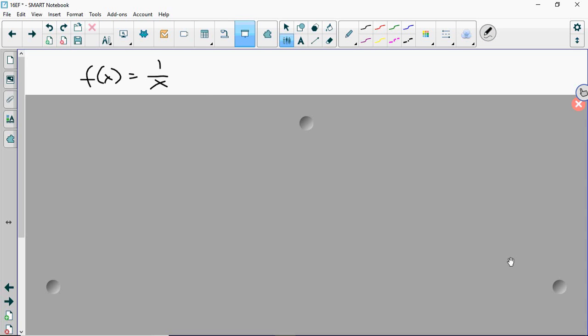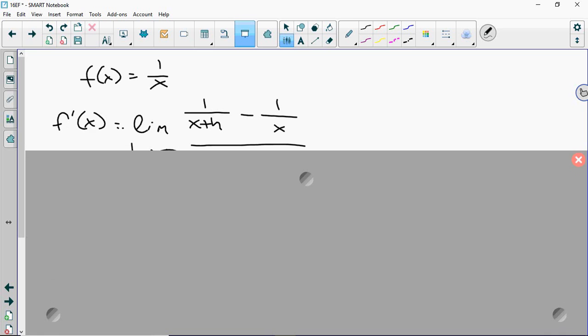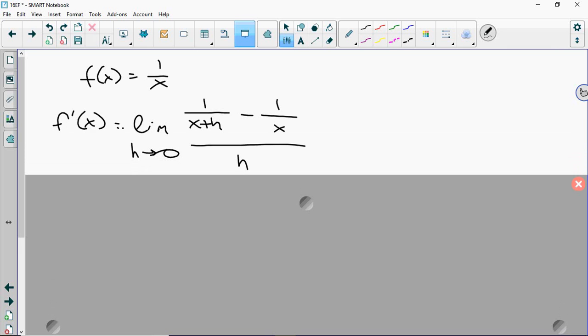Here's another one. f of x equals 1 over x. So we use our limit definition. Limit as h approaches 0 of 1 over x plus h minus 1 over x, all divided by h. I substitute in 0 for the h's. I get 0 over 0. No good. So we do some algebra. I'm going to combine those two fractions in the numerator, yeah?